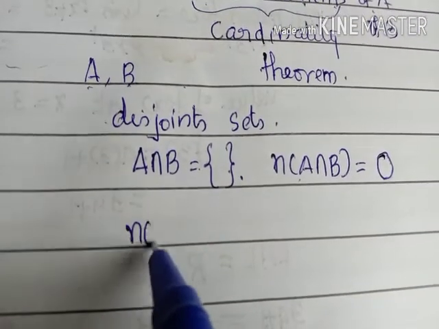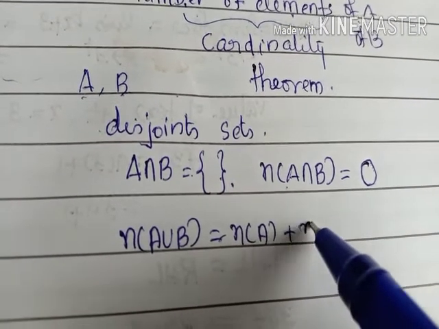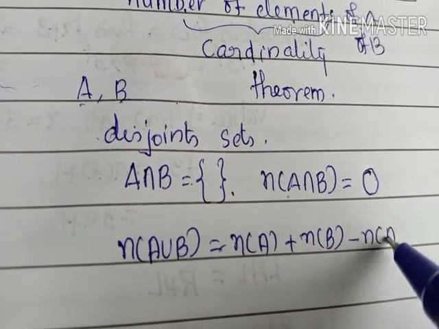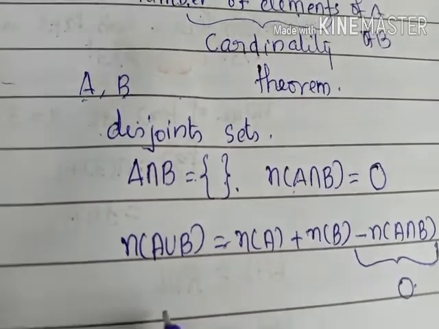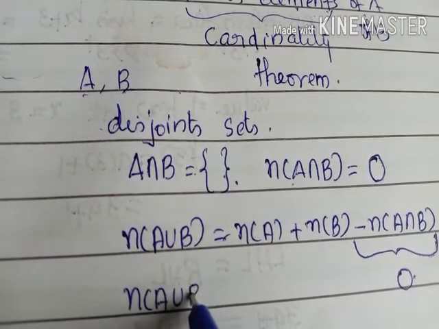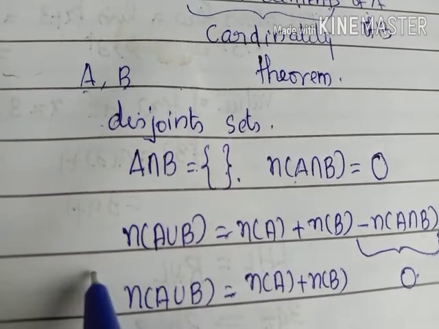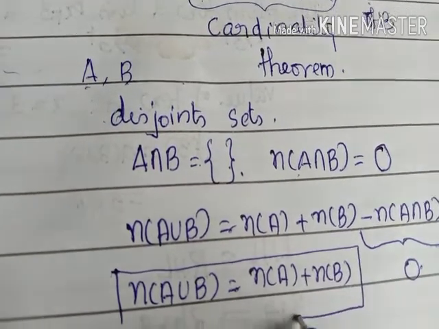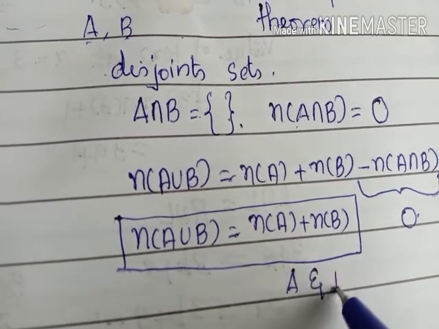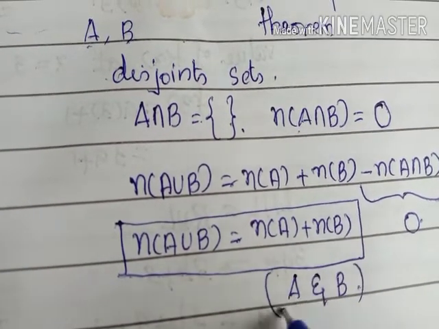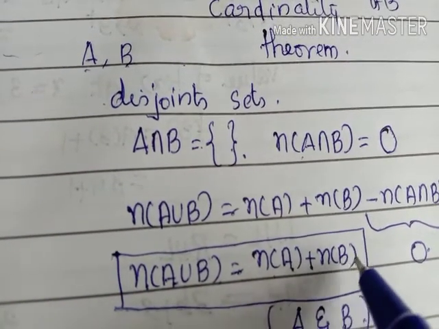Therefore our theorem, n of A union B equals n of A plus n of B minus n of A intersection B, reduces to n of A union B equals n of A plus n of B, since that term becomes 0. This holds for disjoint sets A and B only.